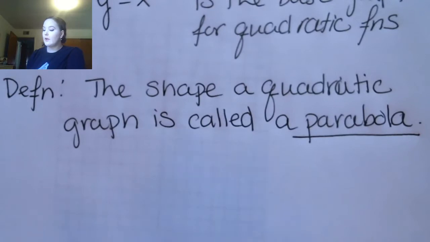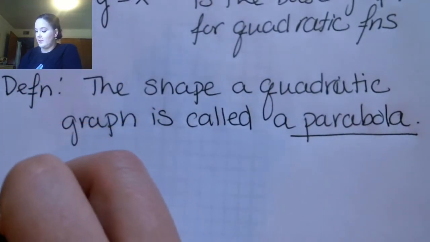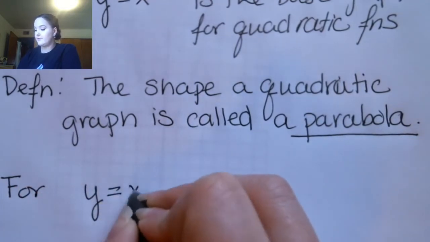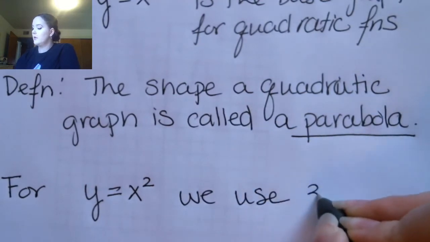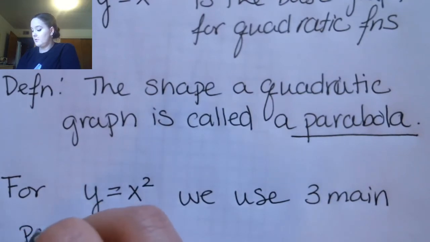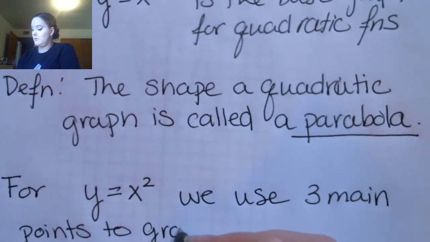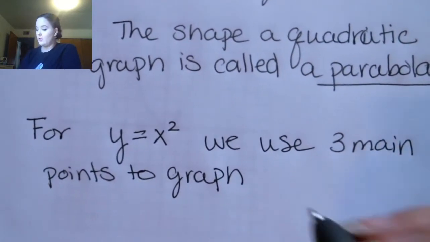For our purposes, for y equals x squared, we're going to use 3 main points to graph, and those points are called key points.